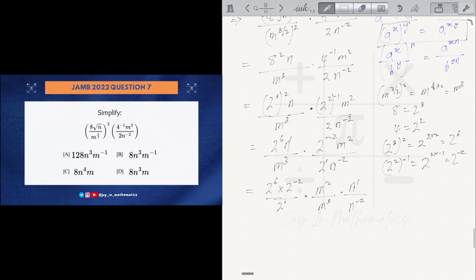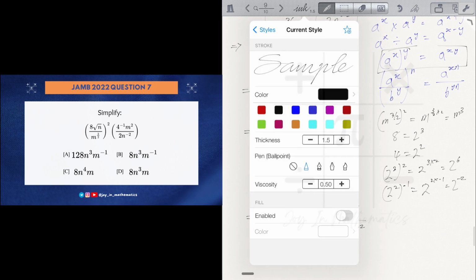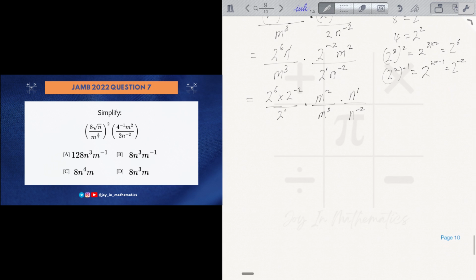So what we want to do now is to apply the law of indices that says a raised to the power of x multiplied by a raised to the power of y is equal to a raised to the power of x plus y, and a raised to the power of x divided by a raised to the power of y is equal to a raised to the power of x minus y.